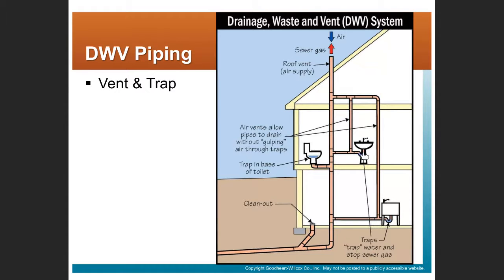So you have a trap at each fixture, and you have a vent at the top to allow those sewer gases to escape and allow air to come in to make up when that stuff is going down the drain. And again, we have a cleanout to give the plumber with the snake the ability to get in there and rout out that drain line from somebody that inadvertently flushed something down the toilet that didn't belong to go down the toilet, right?